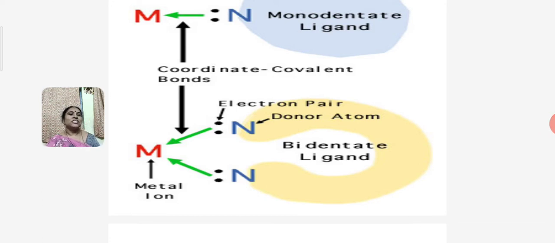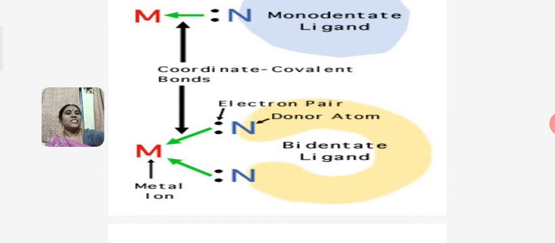So you can see in this picture there is a molecule which contains two donor atoms, and these two donor atoms are donating two lone pairs of electrons towards the central metal atom. As a result, two coordinate covalent bonds are formed between the ligand and the central metal ion.